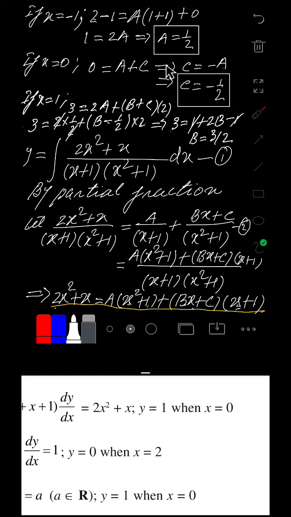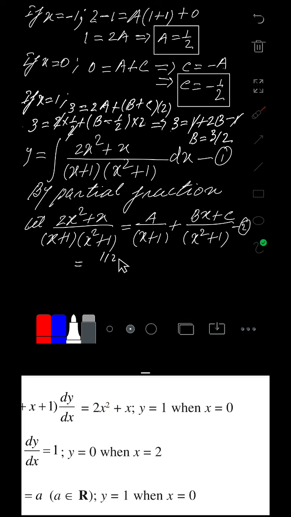So putting the values of a, b, c obtained in our initial assumption, that means in equation number 2, we have (1 upon 2) upon x plus 1 plus (3 upon 2)x minus 1 upon 2, divided by x square plus 1.